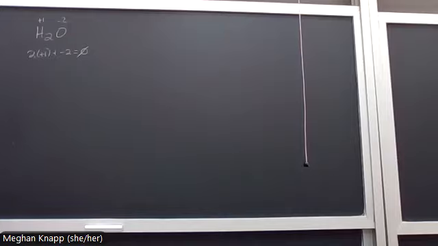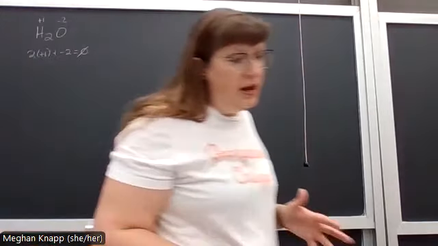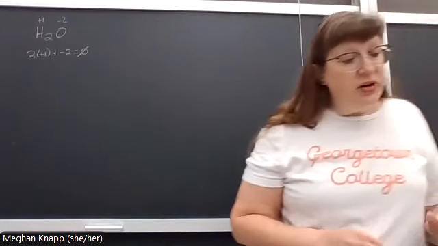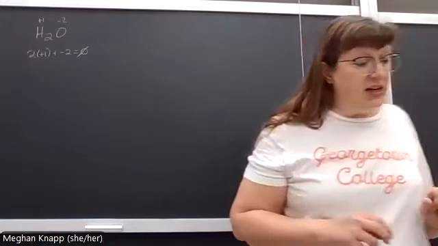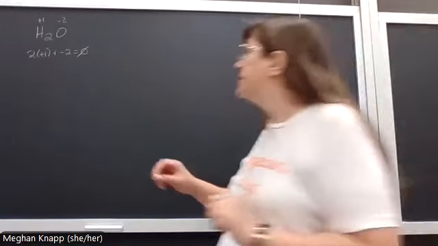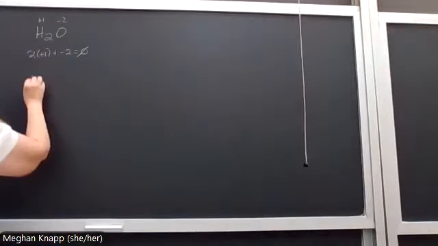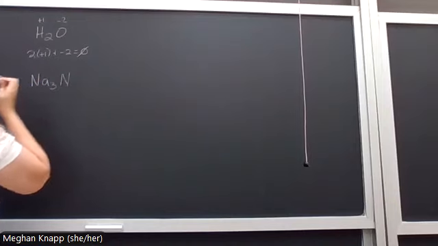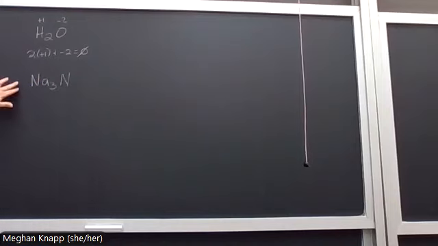Okay. So now let's do something where it's not necessarily obvious. Nitrogen can kind of change its oxidation state. And we have, let's say, sodium nitride. Sodium is one of those that if it's in a compound, it's always going to be the same thing.